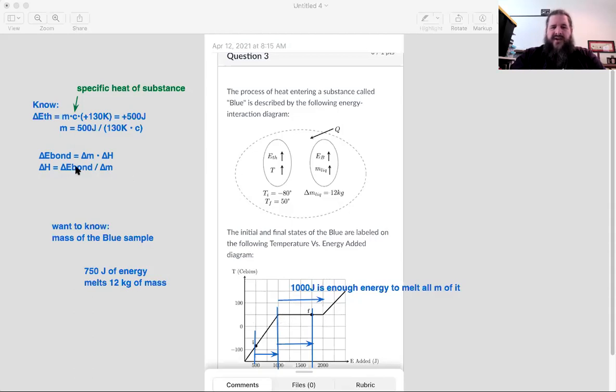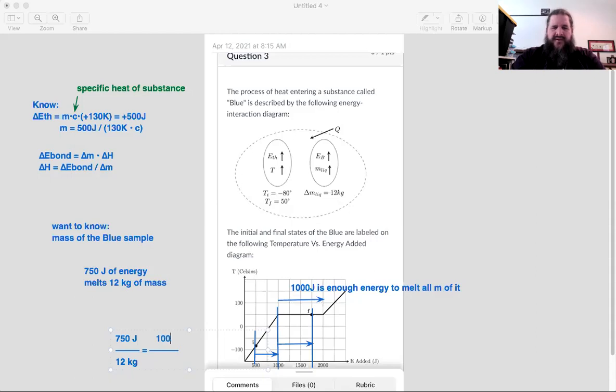So we could set up this ratio, energy over mass, for the melting part of it. We could say melting part of it, 750 joules of energy divided by 12 kilograms, because 750 joules is enough to melt 12 kilograms. That should equal the ratio if we melt all of it.